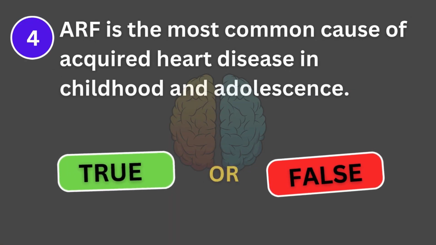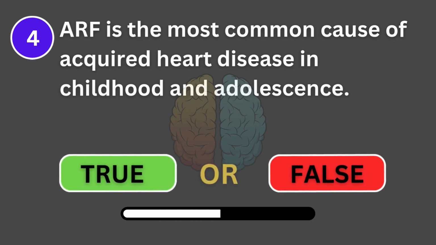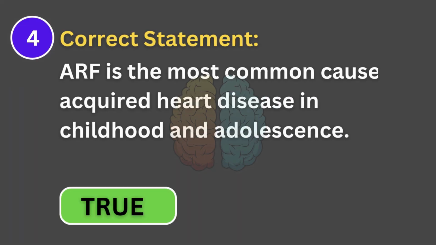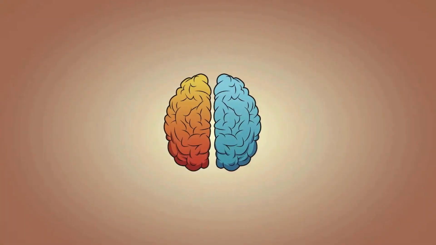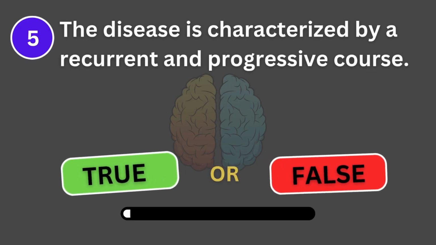ARF is the most common cause of acquired heart disease in childhood and adolescence. The disease is characterized by a recurrent and progressive course.